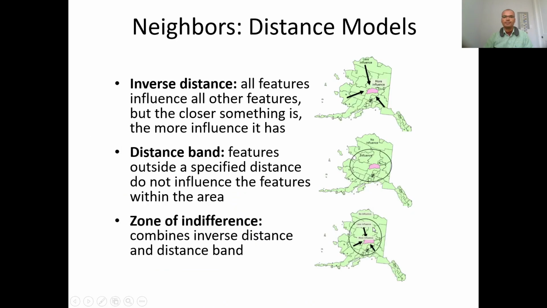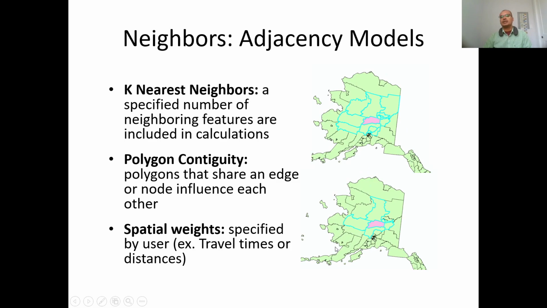All of this requires neighborhood information, how we are considering the neighbors for the statistics. You can define your neighbors using the inverse distance function, or using a fixed radial distance, or even a zone of indifference, where both inverse distance and distance band are put together to analyze the neighborhood relationship.